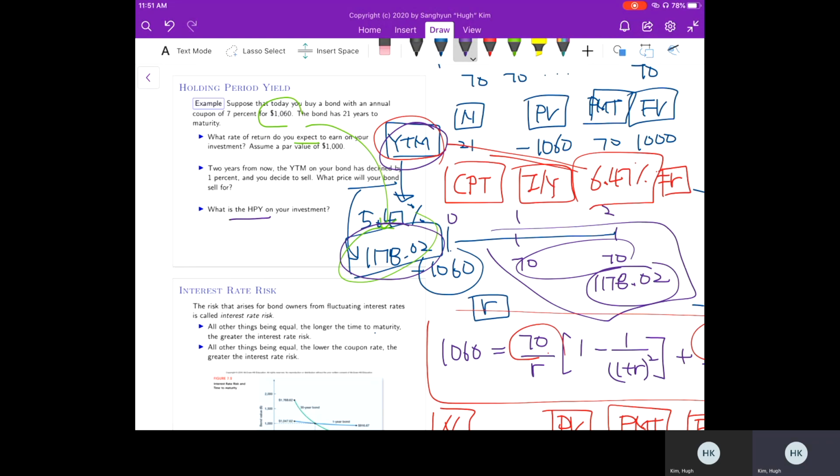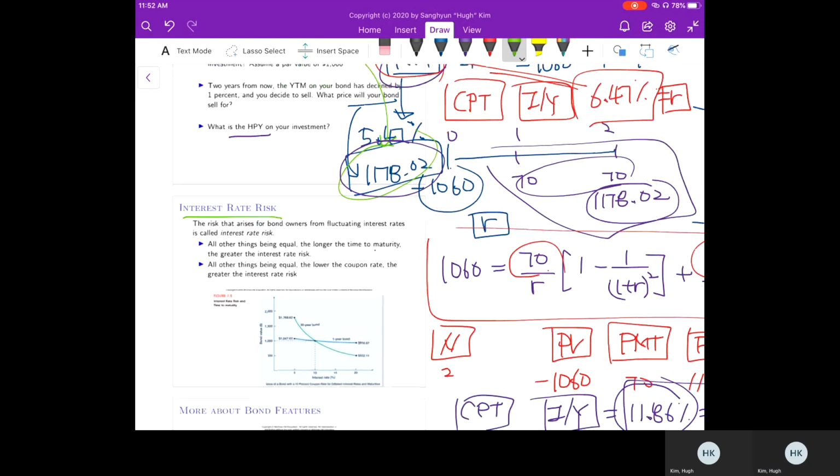So in this way, bondholders face risk from this change in interest rates. And this type of risk is called interest rate risk. And all other things being equal, the longer the time to maturity, the greater the interest rate risk.